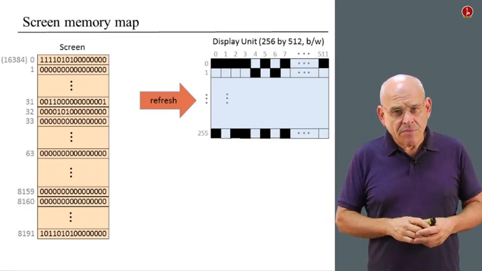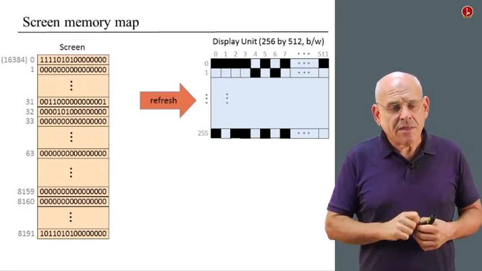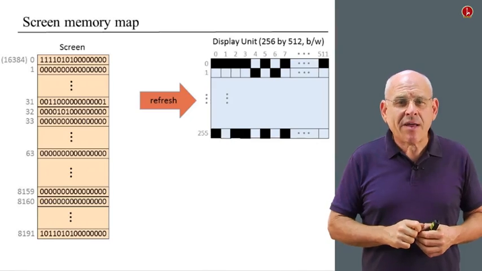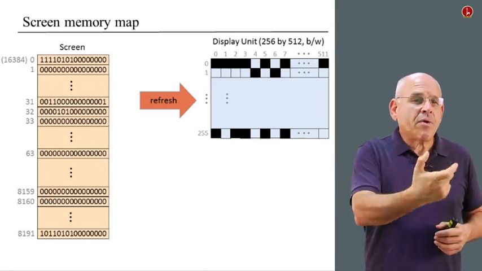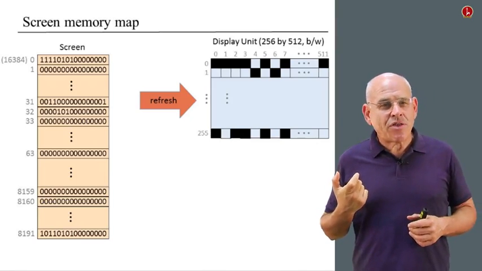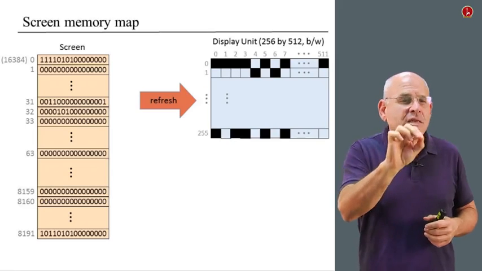Well, first of all, I'd like to re-emphasize the fact that when we access memory, we can only retrieve 16 bits in one chunk. We cannot access individual bits.